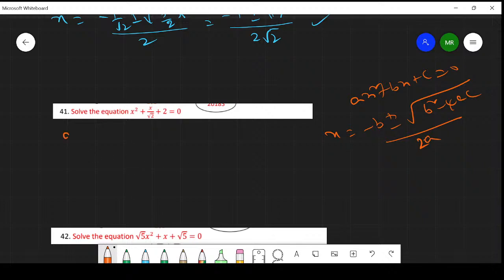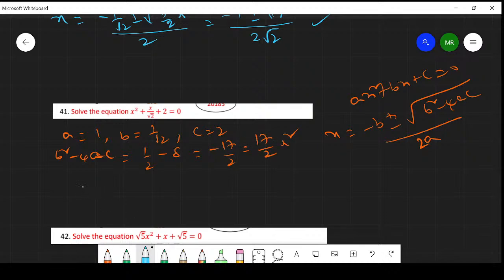Then you write a is equal to 1, b is equal to 1 by root 2, c is equal to 2. If we take the discriminant b square minus 4ac, it comes 1 by 2 minus 8. So minus 17 by 2, it will be 17 by 2 i square.